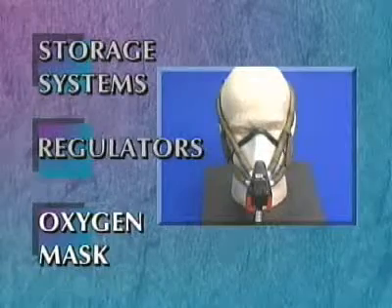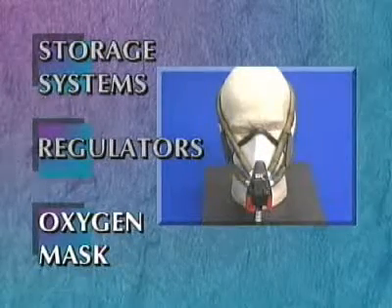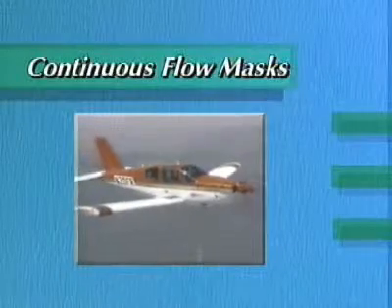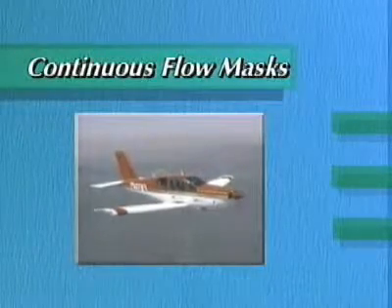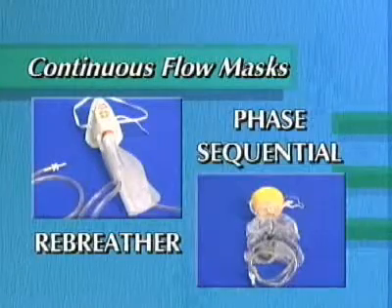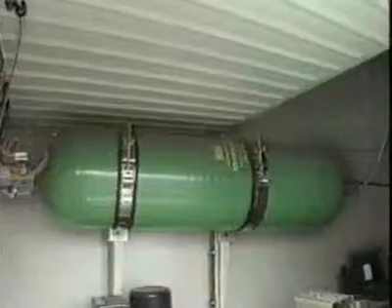The third part of any oxygen system is an oxygen mask or nasal cannula. General aviation continuous flow oxygen masks come in two types: rebreather and phase sequential. The rebreather type is the most common, the least expensive, and is the simplest to use.